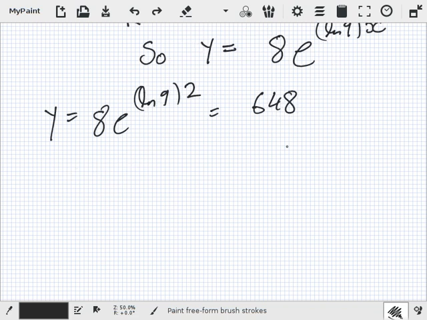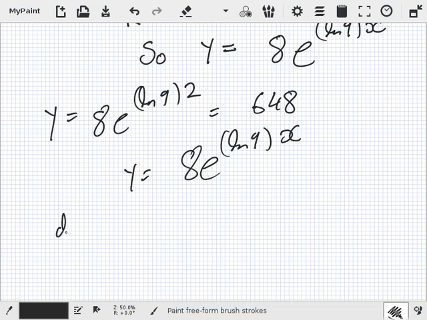So the last part is if y equals 8e^(log 9 x), what's dy/dx? Now, who knows the rule for differentiating something like e^(kx)? What way does the derivative work here? What do we do?